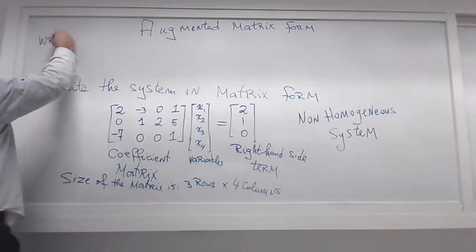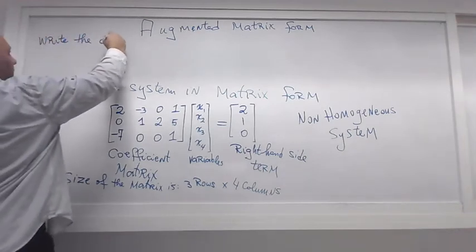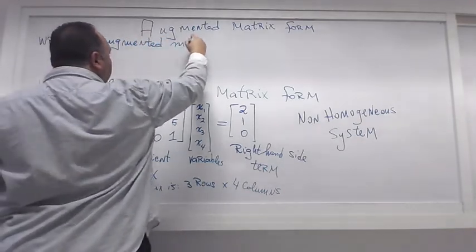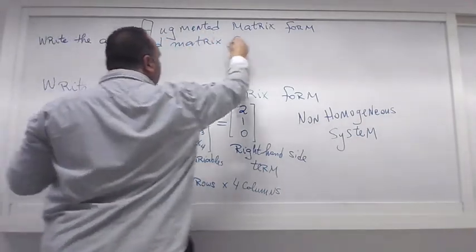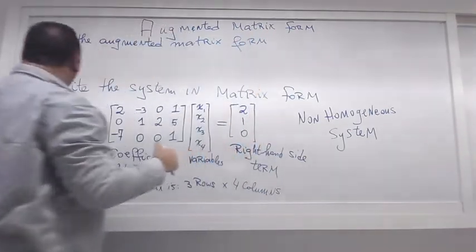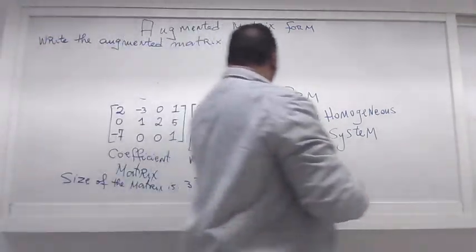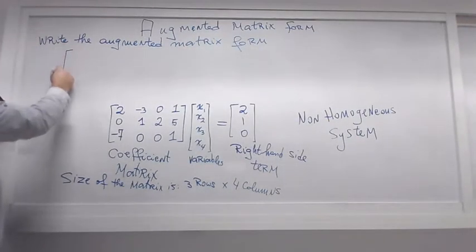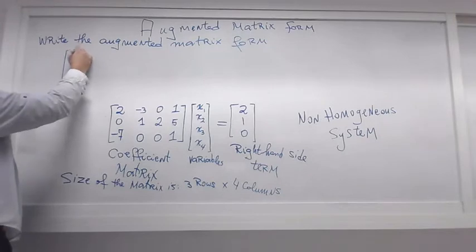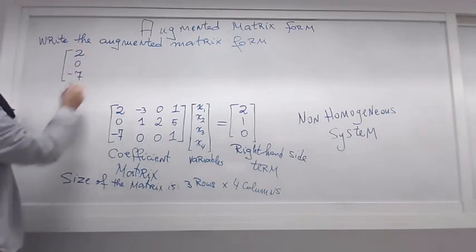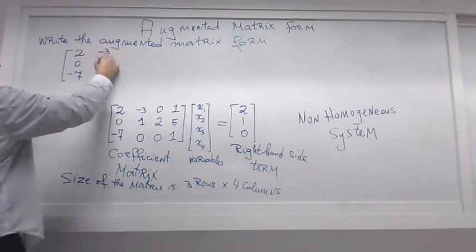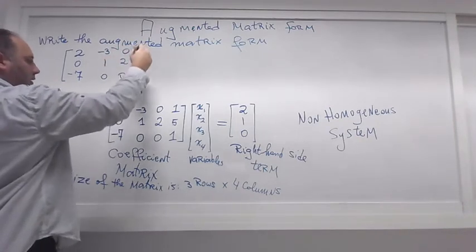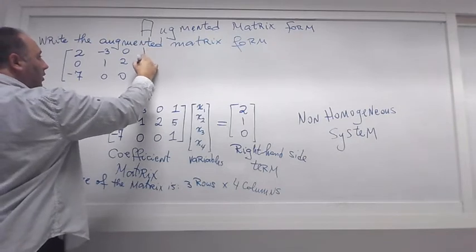Write the augmented matrix form of the system. So I'll keep part of it because I need it. I will have my coefficient matrix, I'll copy paste, and then 0, 2, 0, 1, 5, 1.